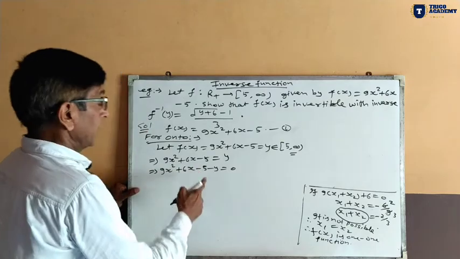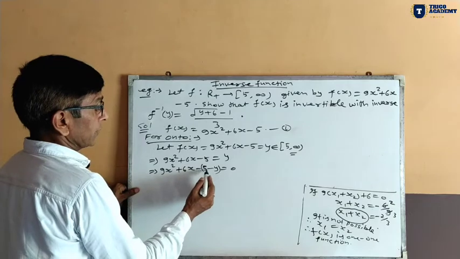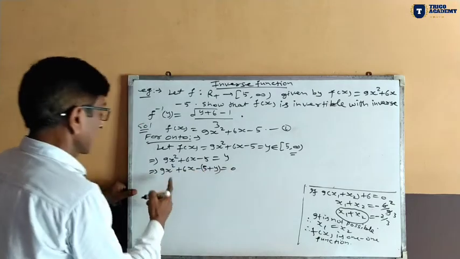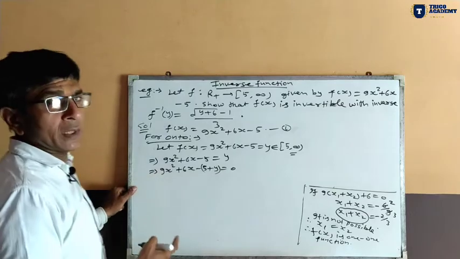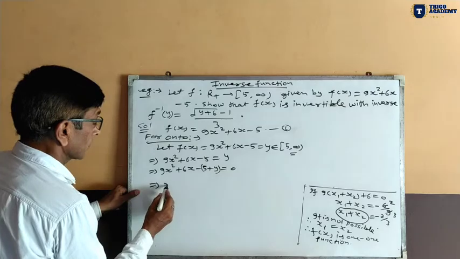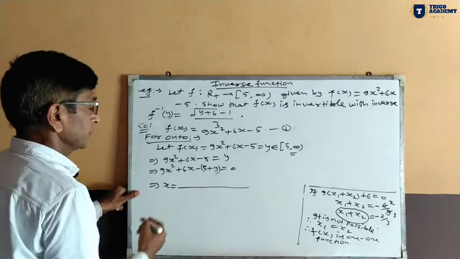Okay, if we take minus common here, then it becomes 5 plus y. Now it is a quadratic equation. Find the value of x using the quadratic formula.